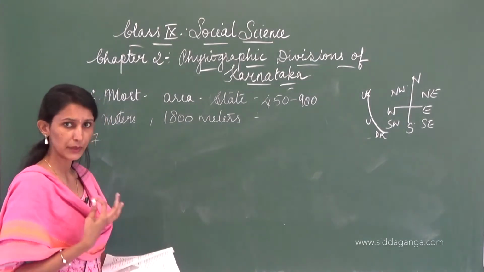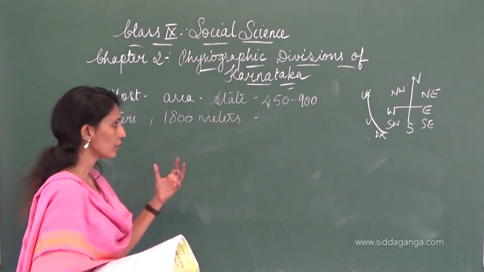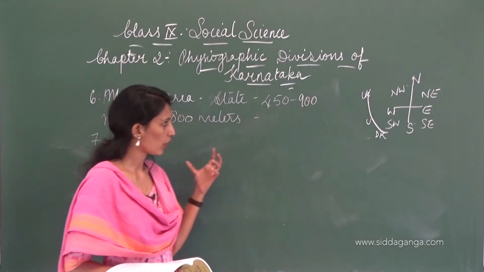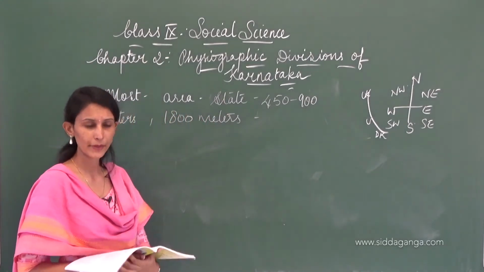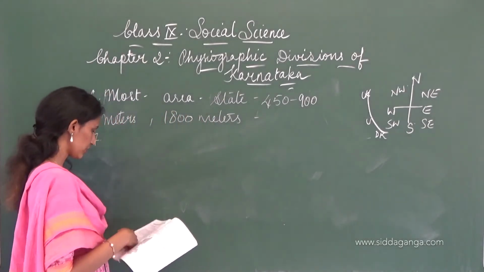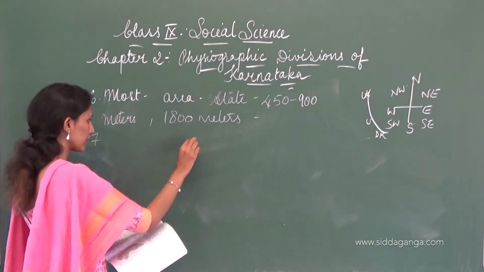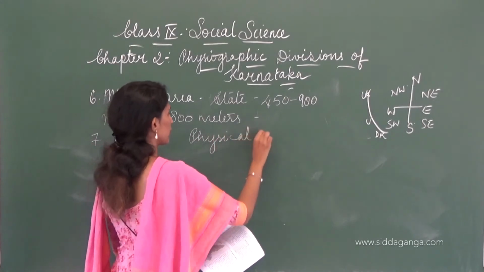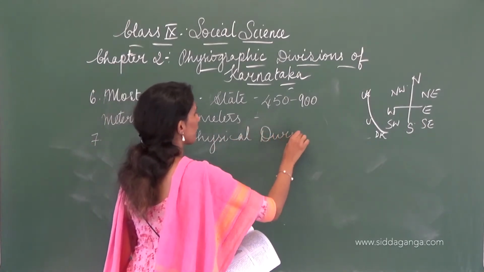All right. Now on all these bases, how did we get this territory together? It was because of the divisions that happened earlier, isn't it? Now three kinds of physical divisions are being done of the state Karnataka.